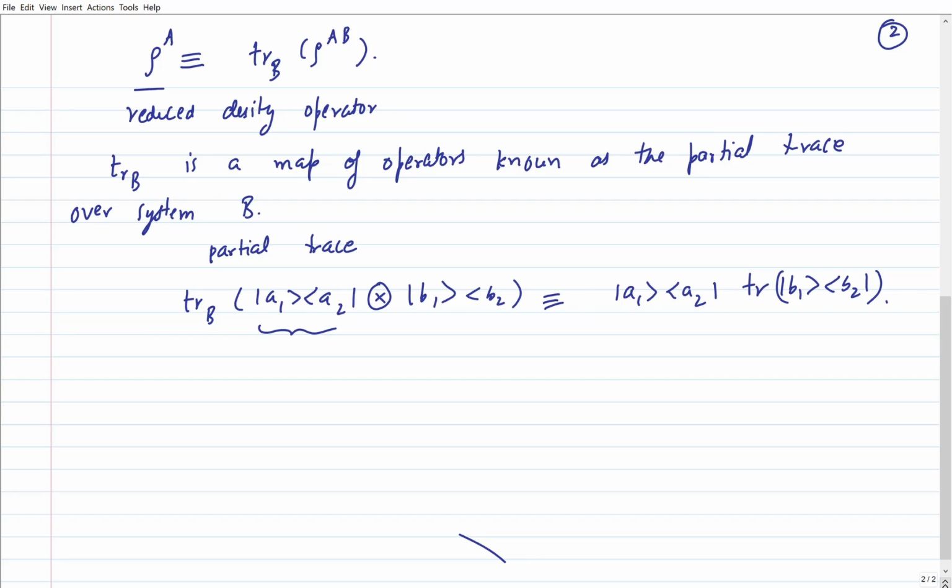And this boils down to, of course, by definition, the inner product. So this is the partial trace operation.